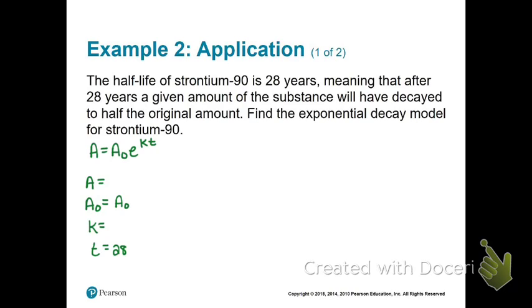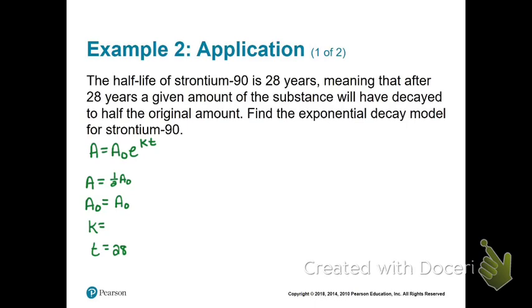So I can say 1/2 of the original amount. I could pick numbers, like my original amount is 10, and that means the ending amount would be 5. You could put numbers in there if you needed to, but I'm going to stay with the variables.